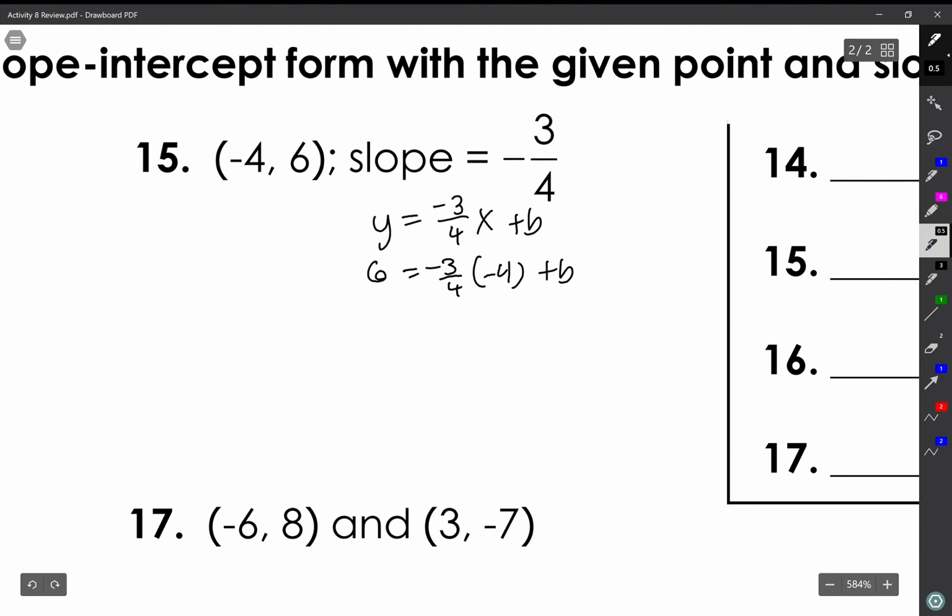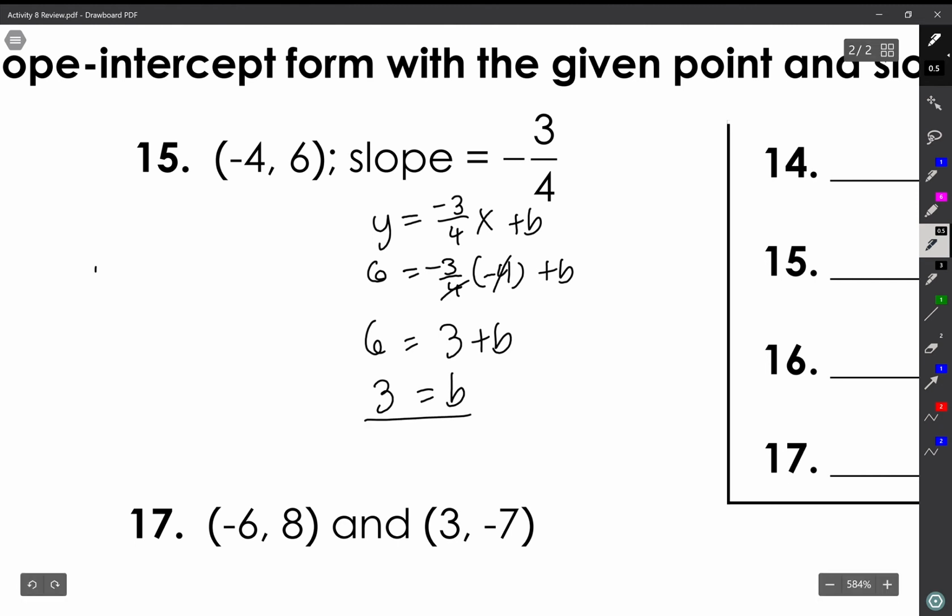When you're multiplying a fraction by its denominator, the denominators cancel out, and we're left with just the numerator, but then we still have this negative right here. So the negative times the -3 gives me 3 plus b. Subtract the 3 over, we get that b is equal to 3 as well.